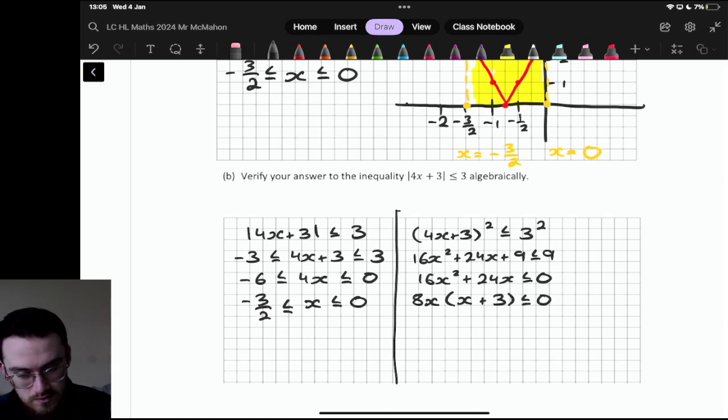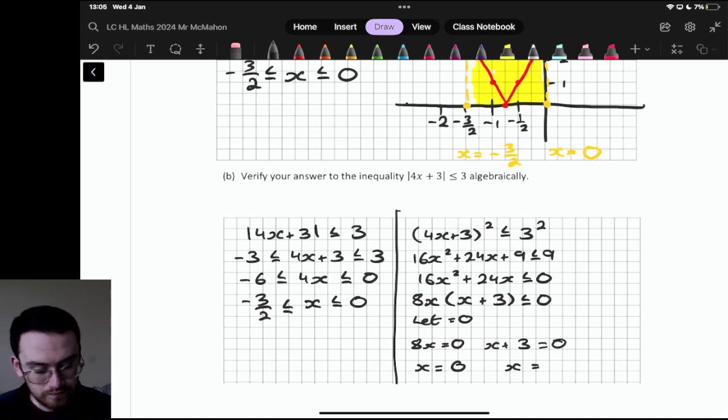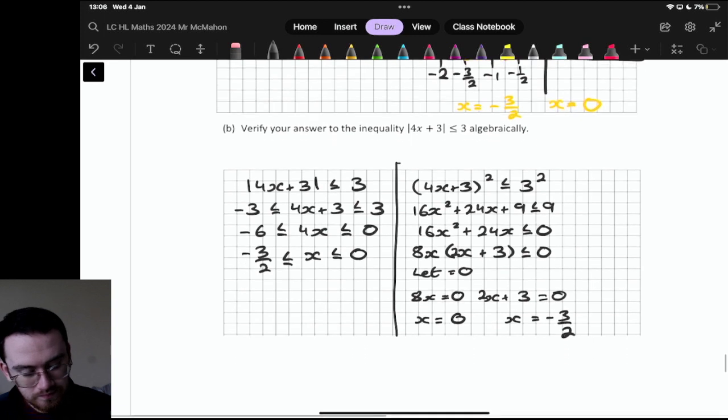We can let it equal 0. So 8x is equal to 0, 2x plus 3 is equal to 0. So x is equal to 0, or x is equal to minus 3 over 2, there we go.